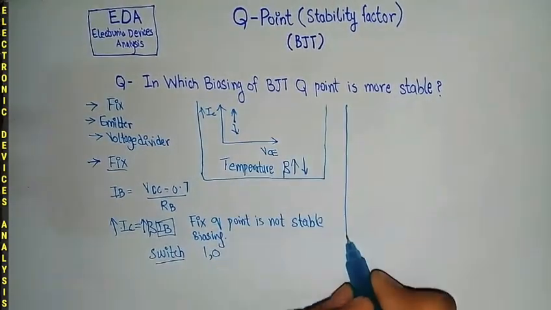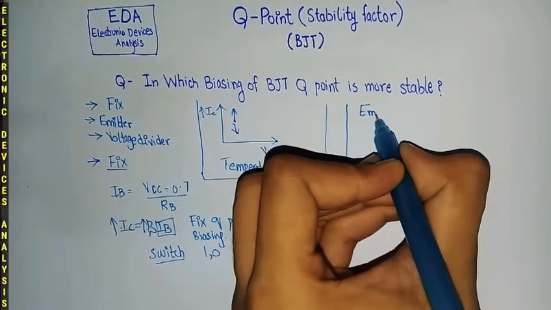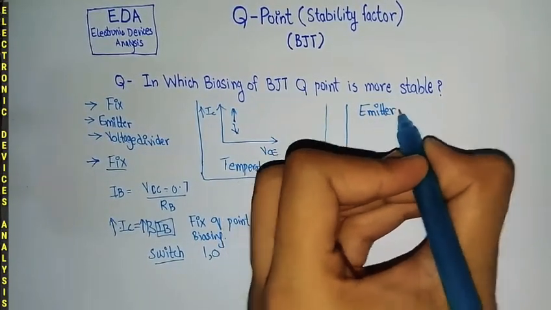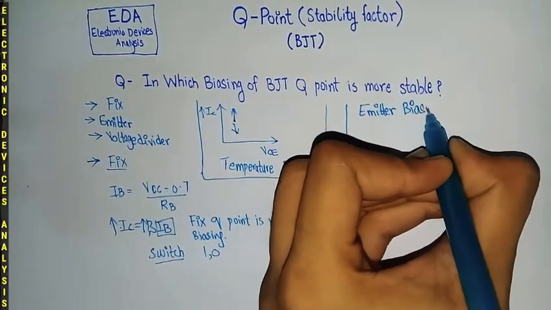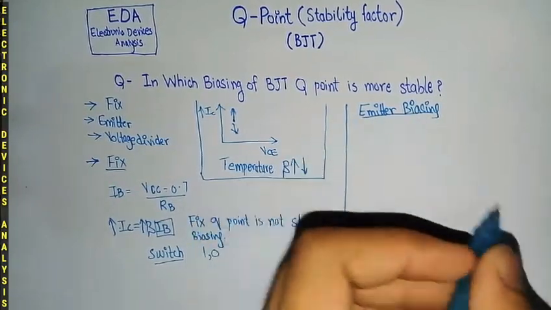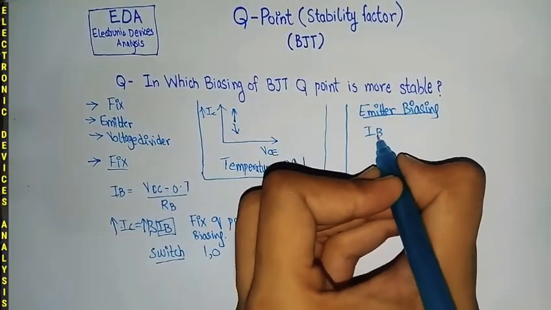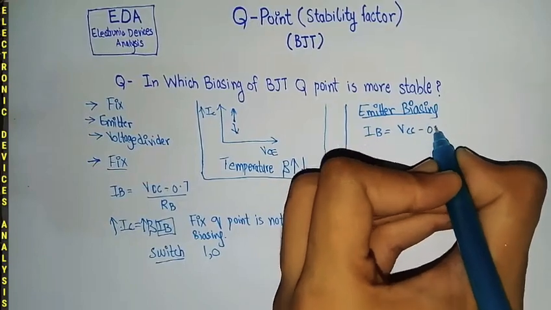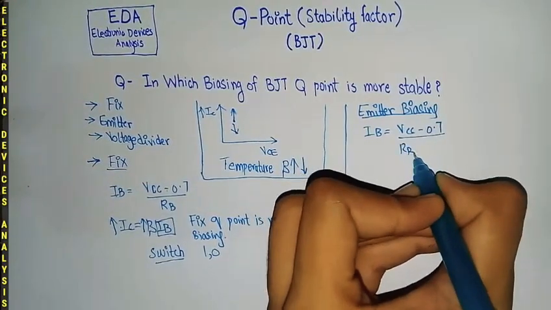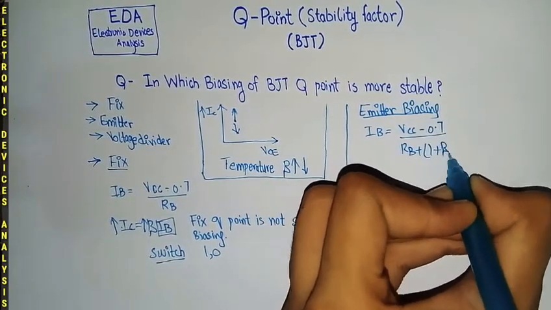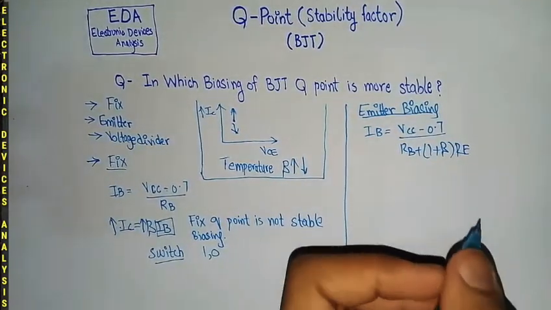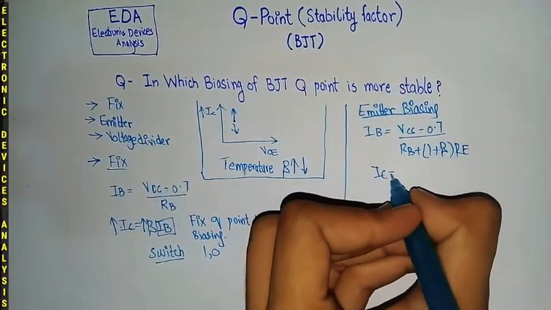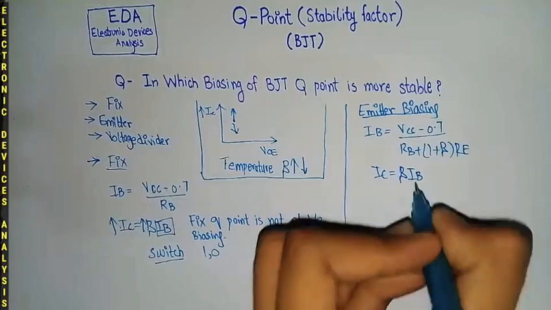So now let's see the emitter biasing. In the emitter biasing, you will know that the formula of base current is VCC minus 0.7 volts over RB plus (1 plus beta) times RE. And the second formula is IC equals beta times IB.